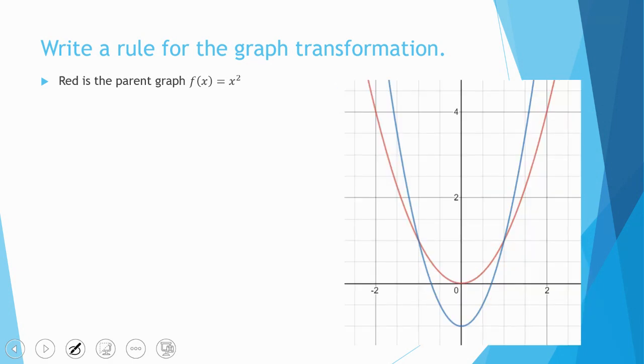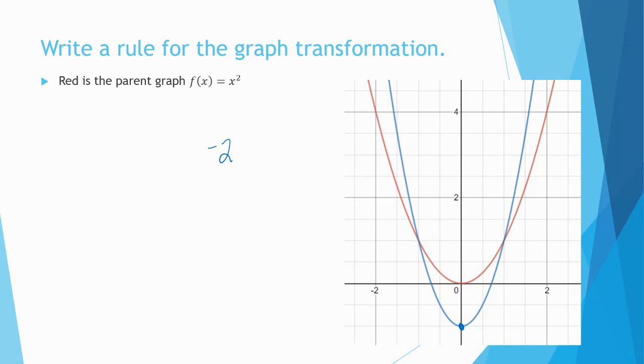You can see here that red is the parent graph, and it looks like I have moved the vertex down 2, okay? So I know that I'm going to have a -2 at the end of my function. But it kind of looks like maybe I've done something else to my graph, right? So it kind of looks like maybe my graph has gotten skinnier, don't you think?